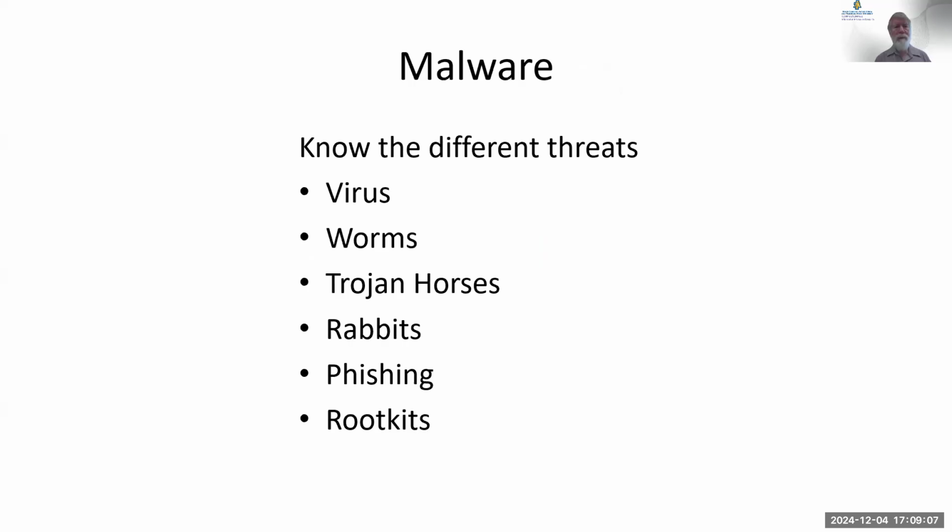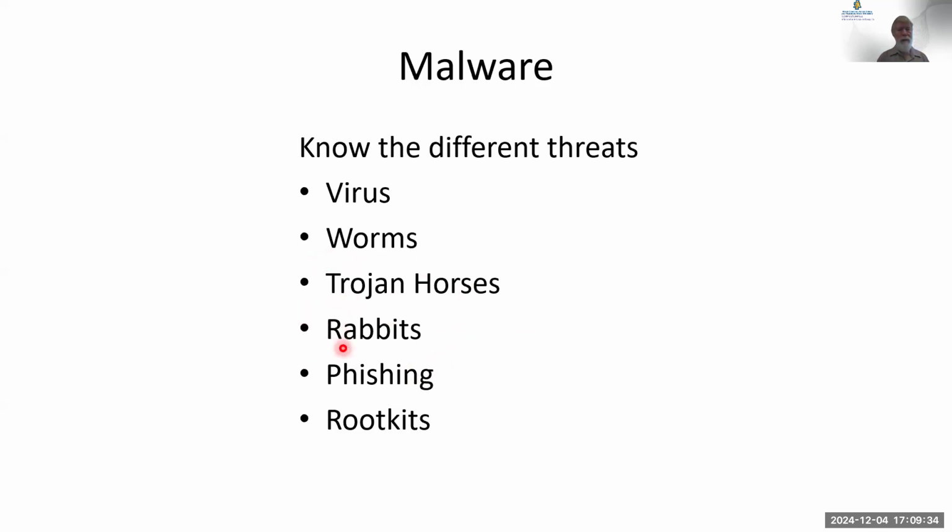Malware. There's all sorts of malware out there. We talked about this. There's viruses, worms, you can see the list. Viruses are programs that modify other executables to propagate. Worms are also propagating. They generally don't modify other programs. They just try to propagate themselves. Trojan horses are programs that are made to do something that you might want to do, but in the background, they do something you probably don't want done.